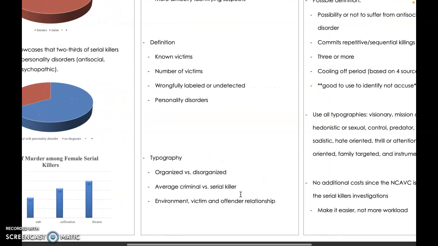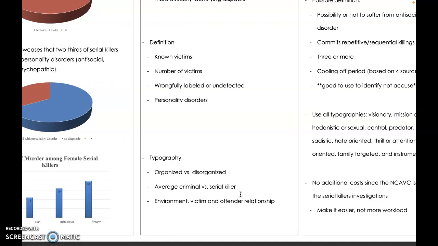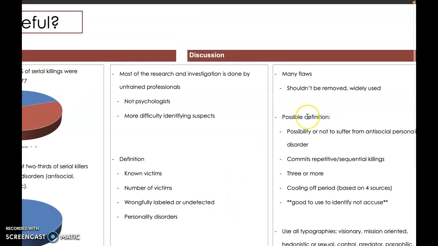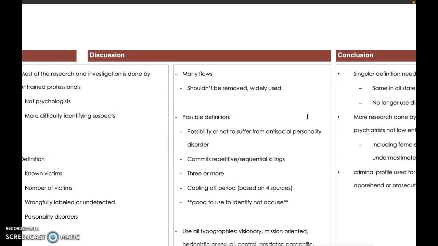Also, the definition doesn't look at the environment, victim, and offender relationship. So when taking that into account, you will lose at least one or two, a few suspects at least, because if you're not taking this into consideration, the criminal profile would be shorter.